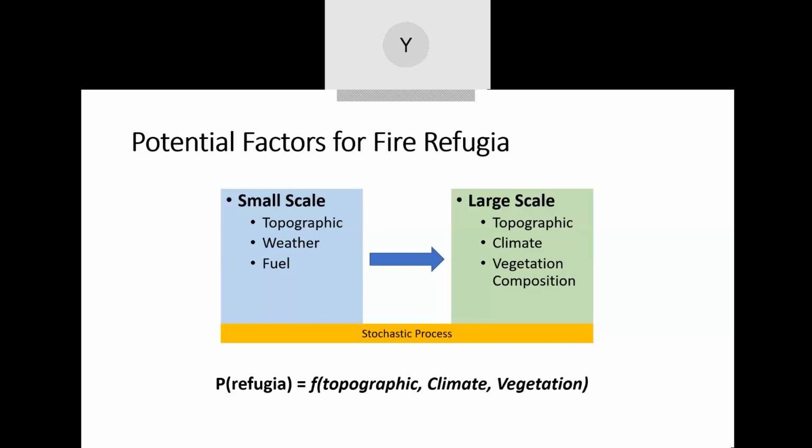So in the end, this is our conceptual model: refugia is a function of topographic variables, climate, and vegetation. Trying to find refugia is trying to implement this equation to find out where they are. Next slide, please, Ray.